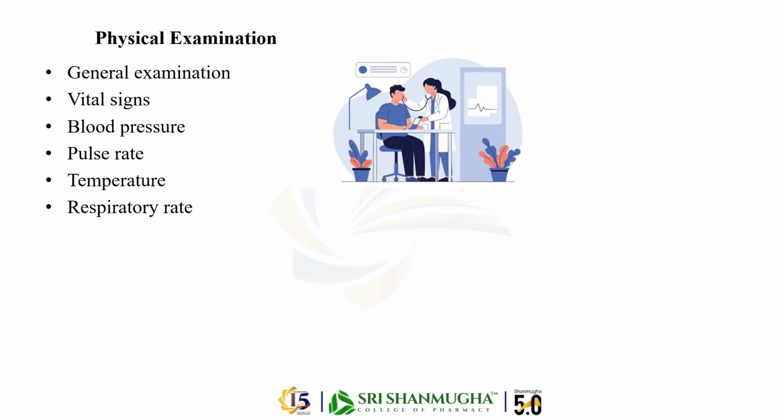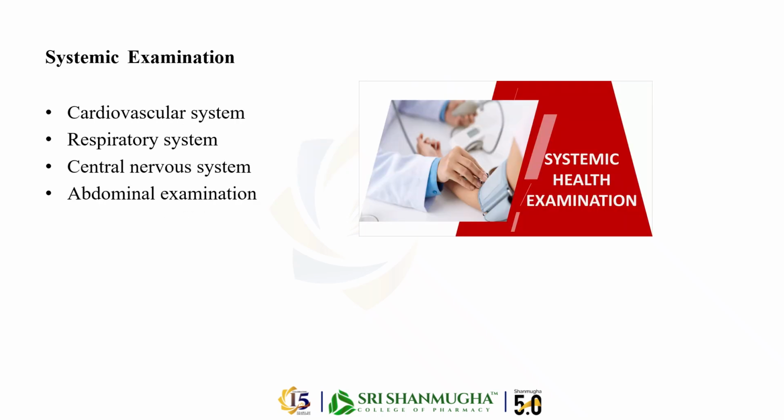And next, physical examination. Physical examination generally shows the vital signs, for example blood pressure, body temperature, pulse rate, respiratory rate, and general, cardiac and pulmonary examinations. Next, systemic examination.